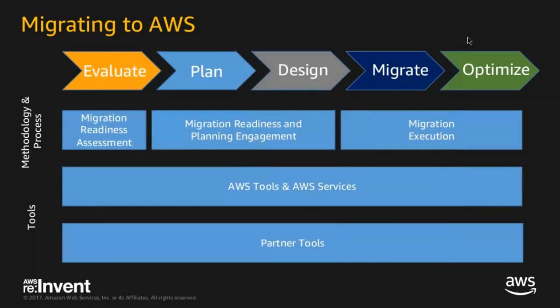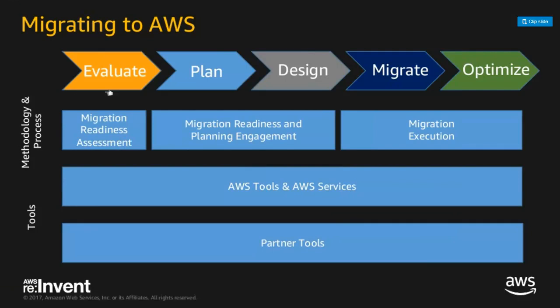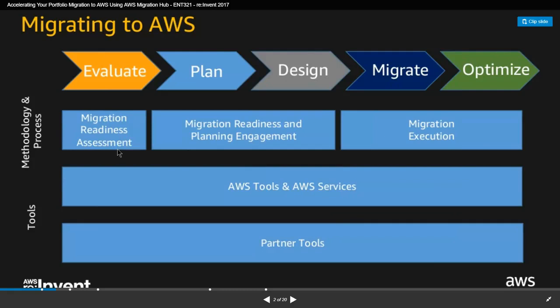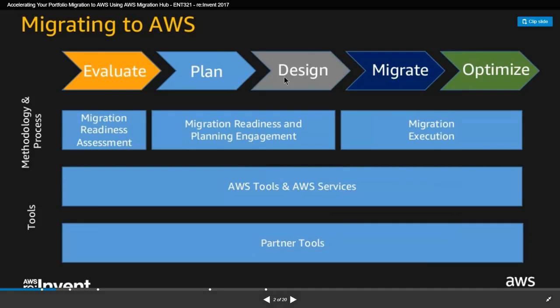Okay. Now, these 5 stages are different assembly lines, different things that you do. But when you see it from a process or methodology perspective, when you do evaluation, basically you're doing a migration readiness assessment. What can be moved, what cannot be moved, you're preparing a list. Planning and designing go hand in hand, migration readiness and planning engagement, right?